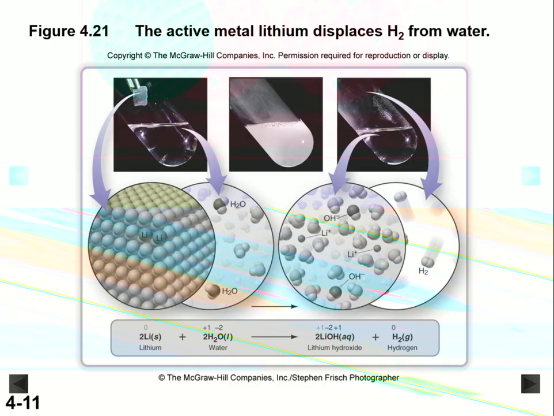And so if one lithium atom comes in and kicks out a hydrogen atom from water, and a second comes into a second molecule, then we form two molecules of lithium hydroxide, and the two hydrogen atoms combine to form H2. And in that middle picture up above, you see the bubbling from the hydrogen gas. And in fact, you can ignite the hydrogen gas that you release.